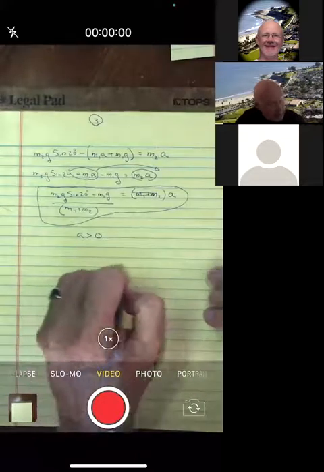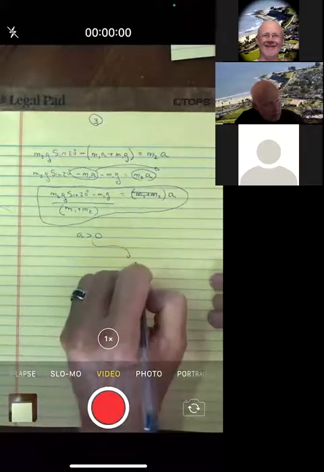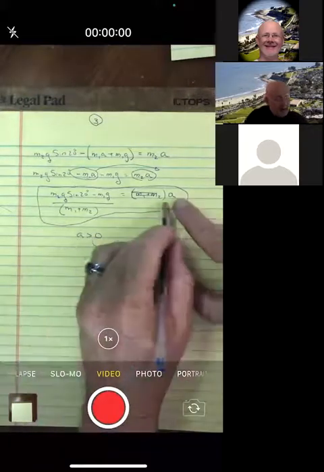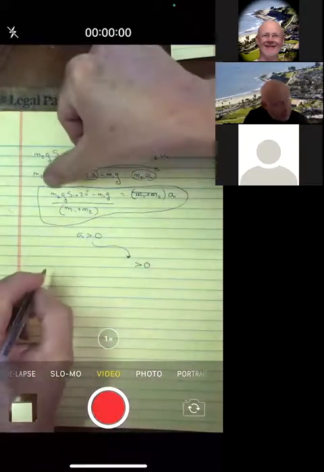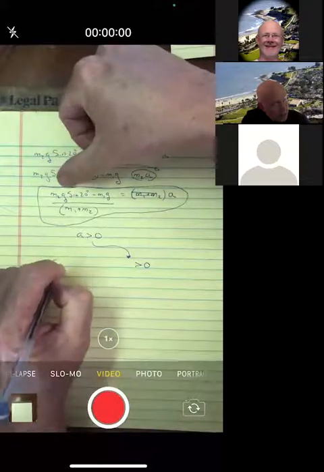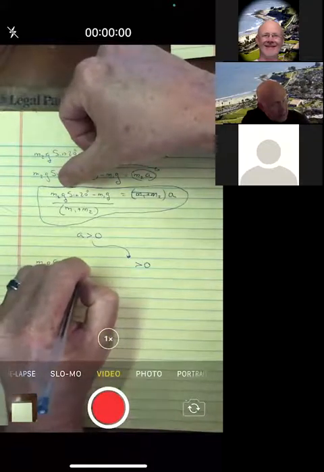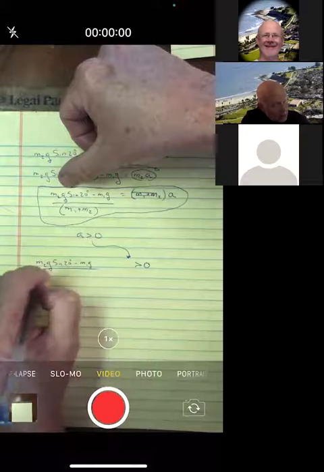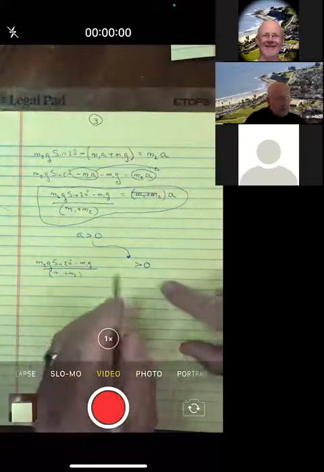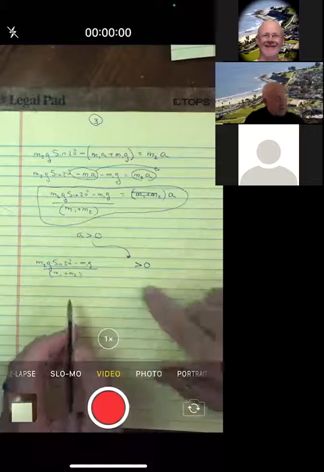So I'm going to put this greater than 0 right here and put in place of what A is equal to: M2G sine 20 degrees minus M1G over M1 plus M2. And so we want it greater than 0.